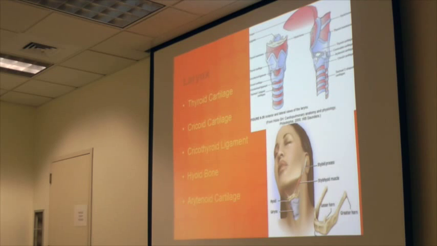I don't see the arytenoid cartilage in any of the pictures, but the purpose of the arytenoid cartilage is to move the vocal cords open and closed. The arytenoid cartilage moves the vocal cords open and closed.